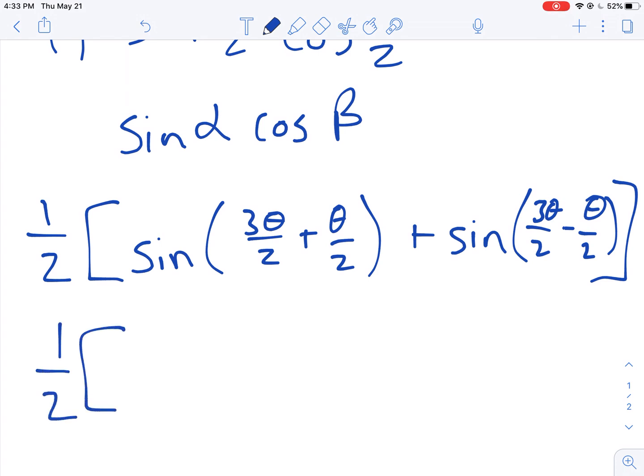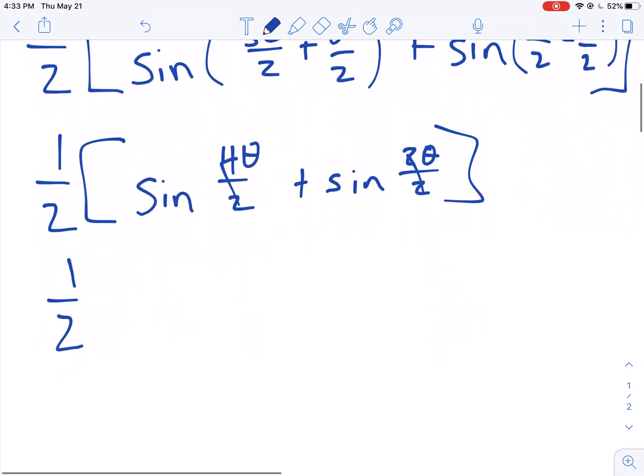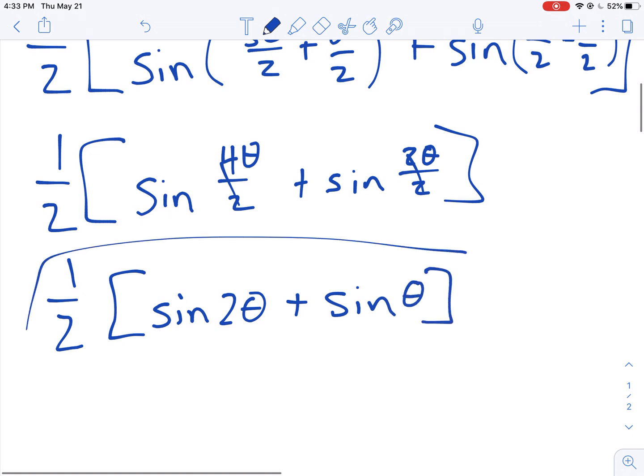This is 1/2 the sine of 4 theta over 2 plus the sine of 2 theta over 2, reduce. And then we're looking at the sine of 2 theta plus the sine of theta. And that's our final answer.